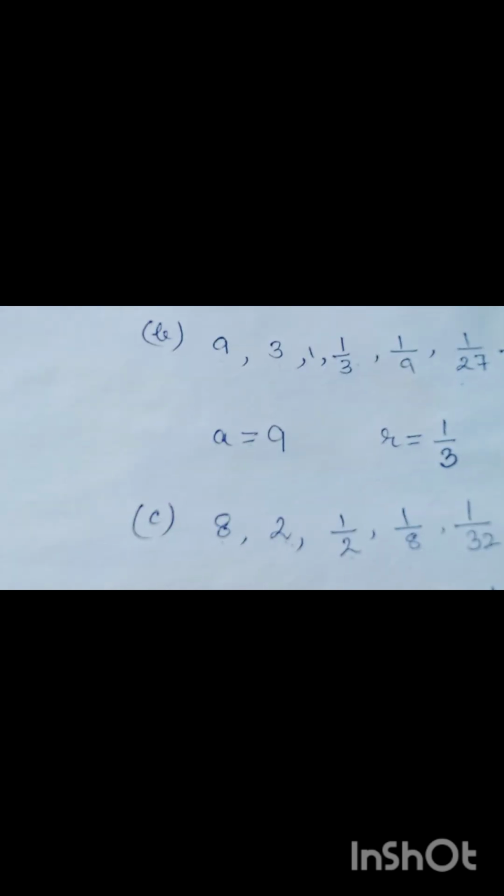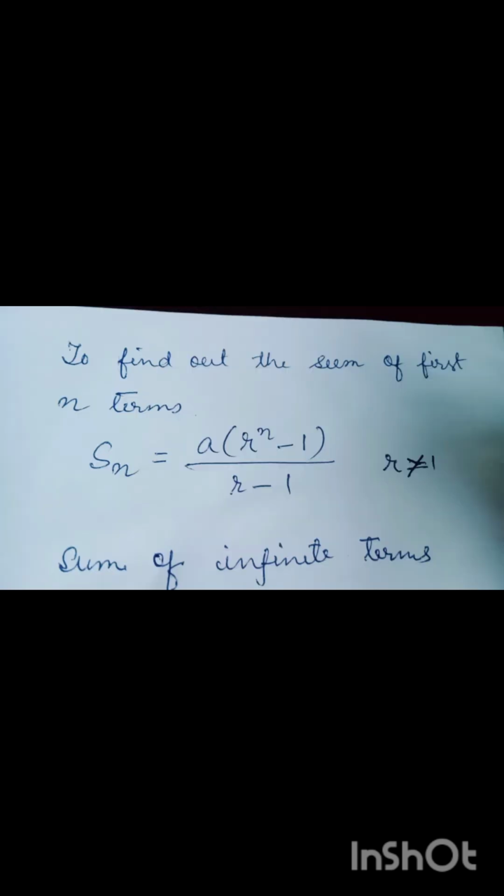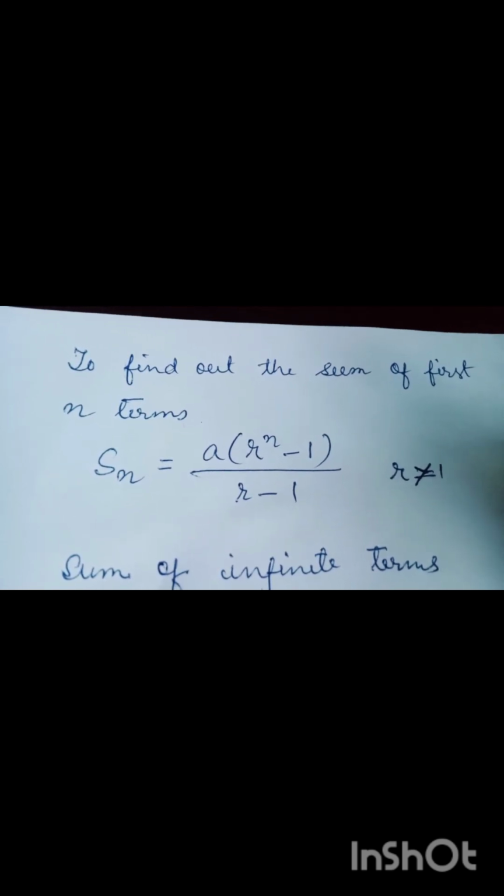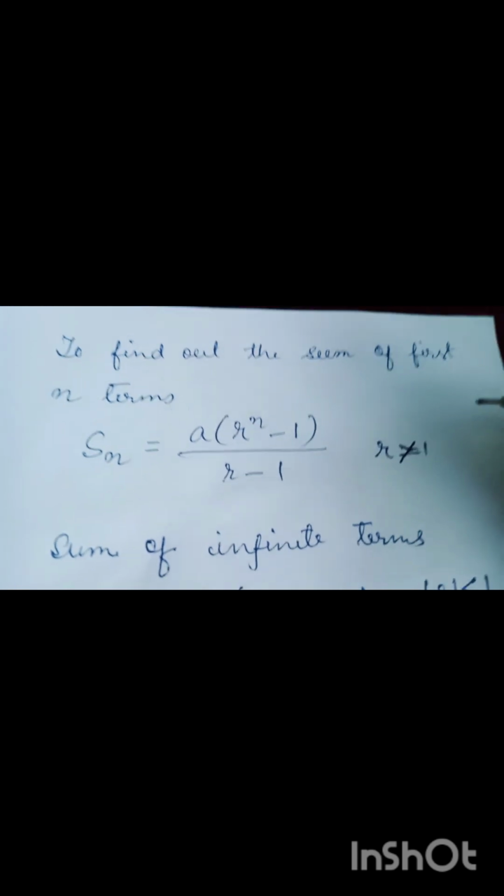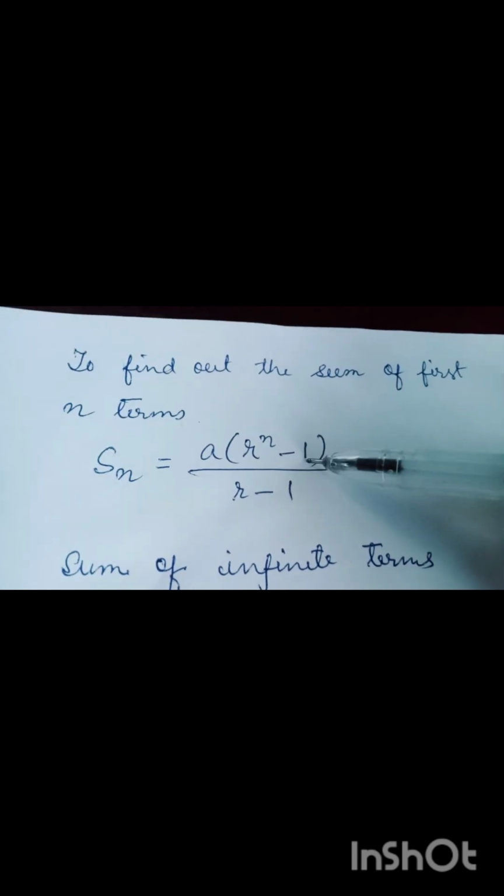Also, if we divide 1 by 8 by 4, we have 1 by 32. So these are the examples of geometric progression or geometric sequence. So if we are asked to find out the sum of the terms of a geometric progression or geometric series, we have to use this type of formula.